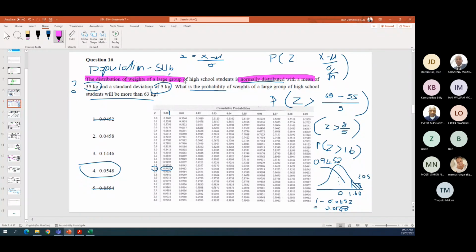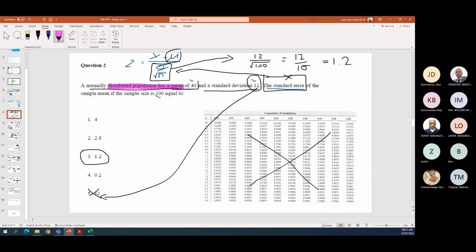So they never talked about a sample. So they need to tell you, if you need to work with a standard error, that you're working with a sample.